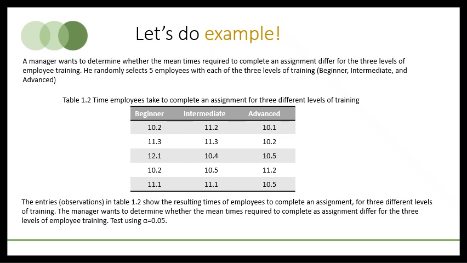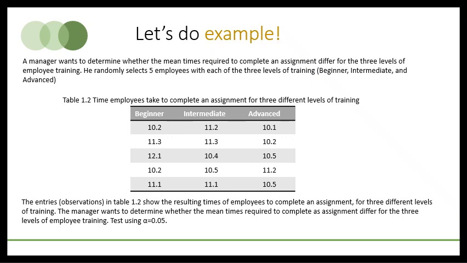We use ANOVA to compare the mean score of these 3 levels. Since we want to compare the mean score, that's the reason why we use ANOVA, due to we have more than 2 different independent groups.